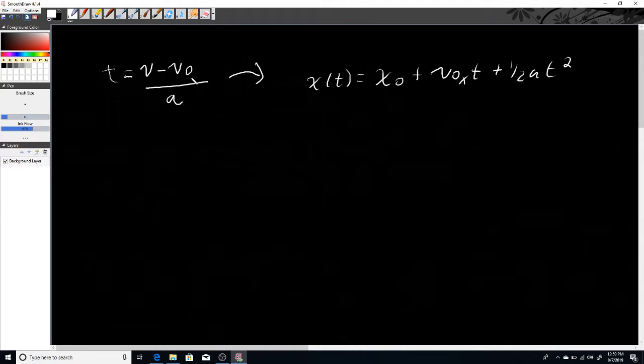Everywhere there's a t, in this case I'll just specify that it's the x, but really the equation that I'm working towards will work in the y direction as well. So just think of it as a general structure here. If I plug this t in to here and here, I will get an equation that looks like this.